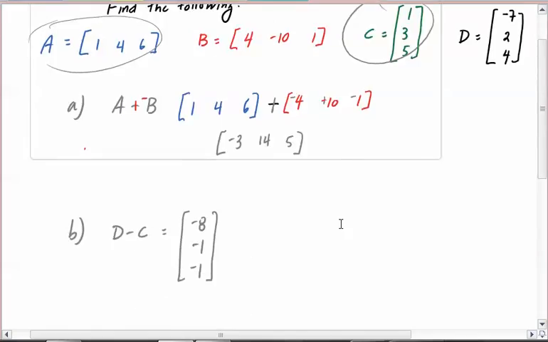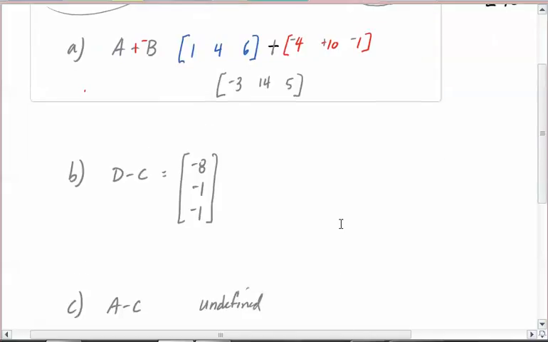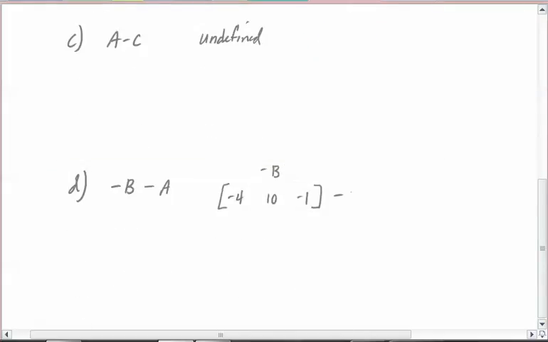Then I'm going to subtract 1, 4, and 6 from it, which really just means add the inverse. And so I get negative 5, 6, and negative 7. And there's the answer.